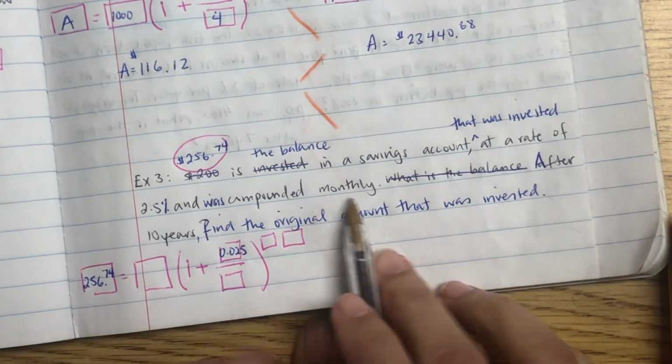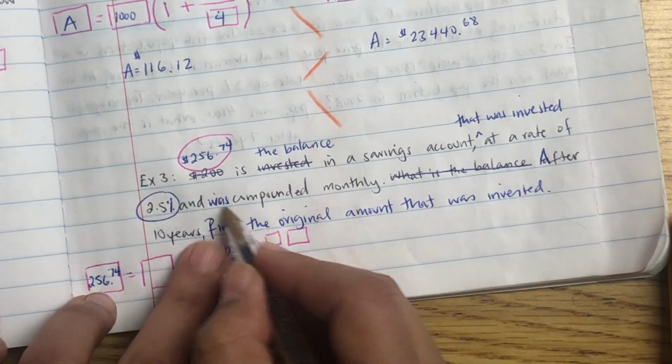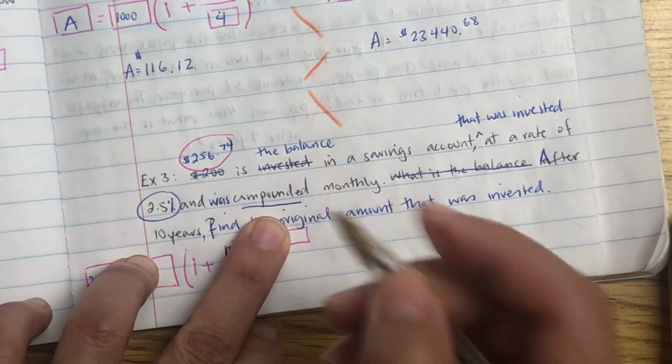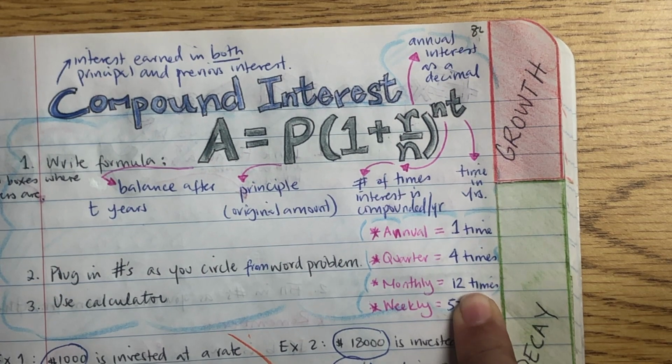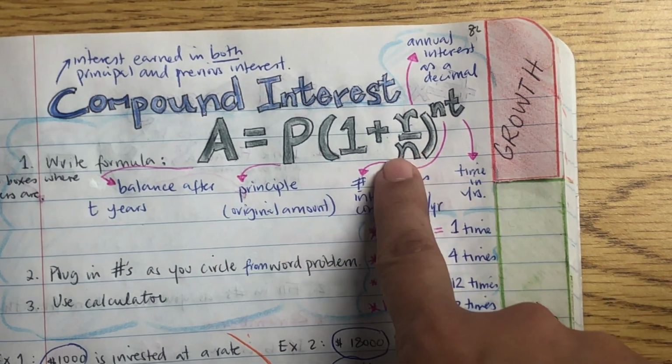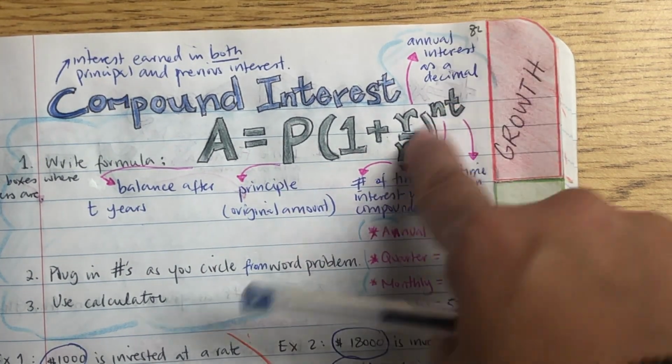Okay. All right, so it was invested at a rate of 2.5 and was compounded monthly. So monthly is how many times? It's 12 times because it's 12 months in 1 year. So that's going to be down here, my N is 12.